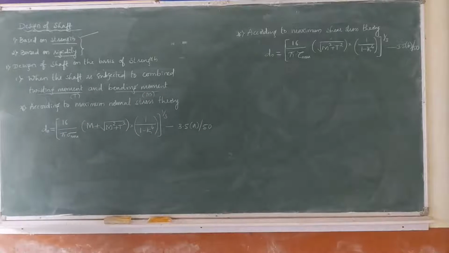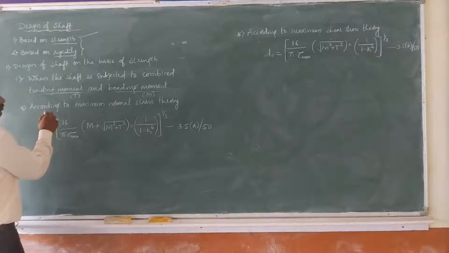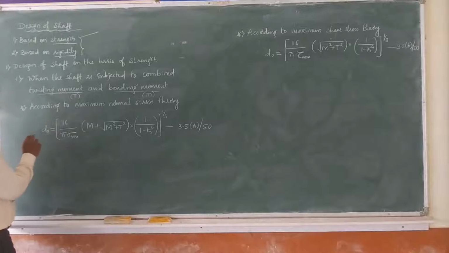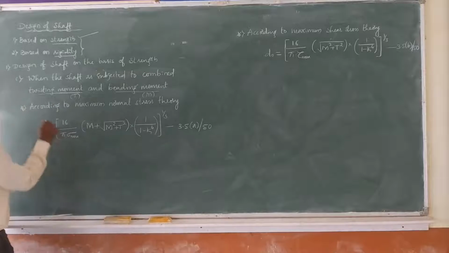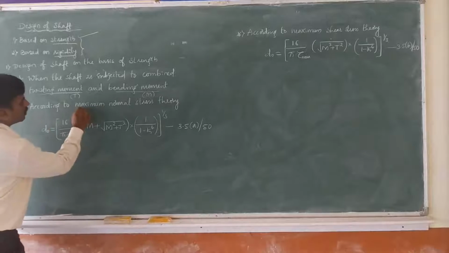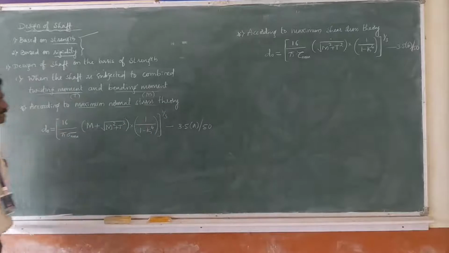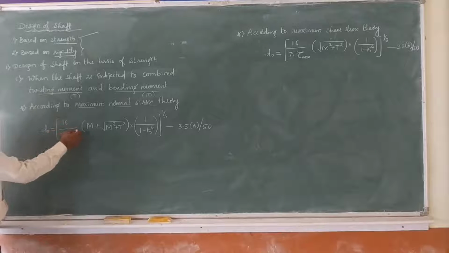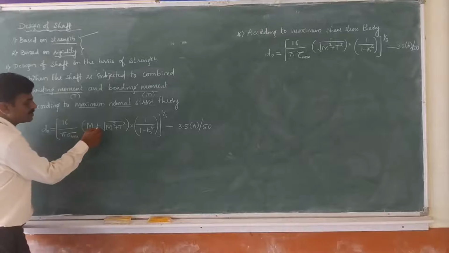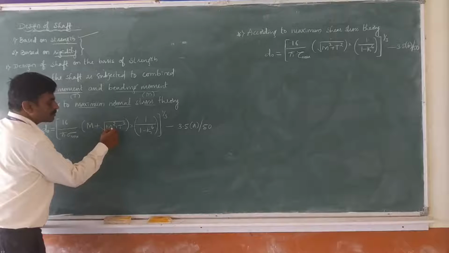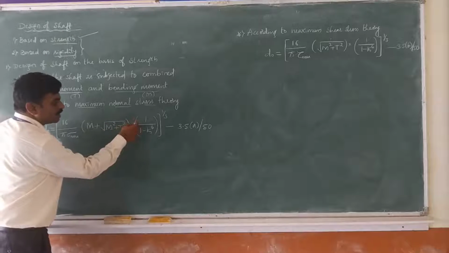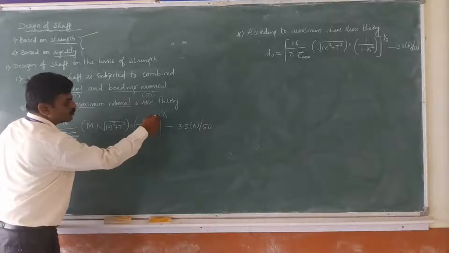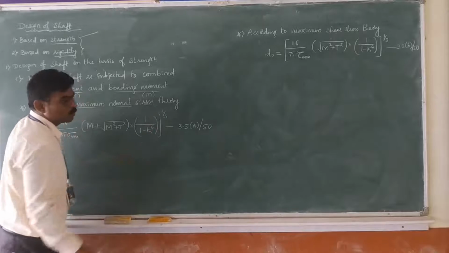Okay. Now once again, we can get the value of D based on two theories here. One is according to maximum normal stress theory. The equation is D naught is equal to [16 divided by pi sigma max, within the bracket M plus square root of M square plus T square, bracket close] into [1 divided by 1 minus K raised to 4], whole raised to 1 by 3.